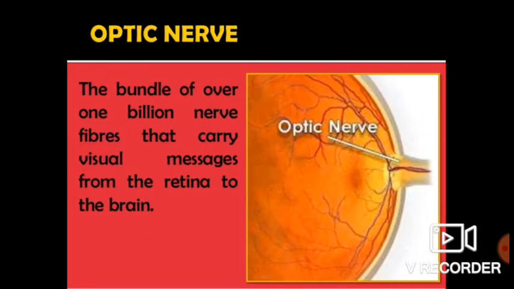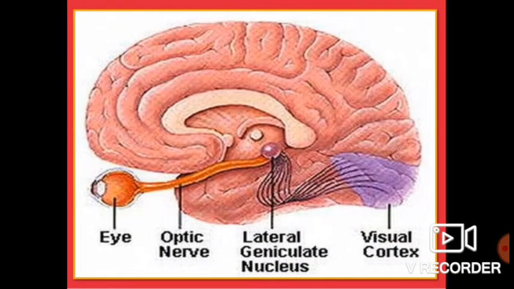Optic nerve, the bundle of over 1 billion nerve fibers that carry visual messages from the retina to the brain. Next, this is the structure of brain.